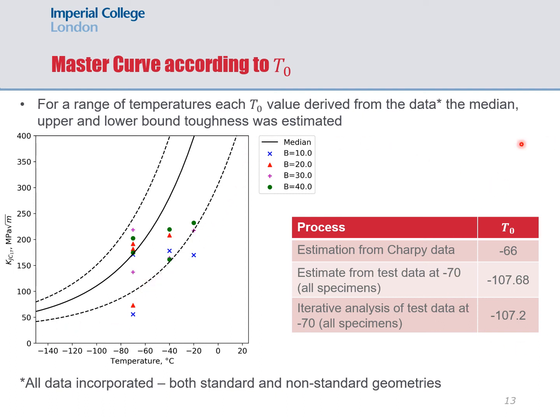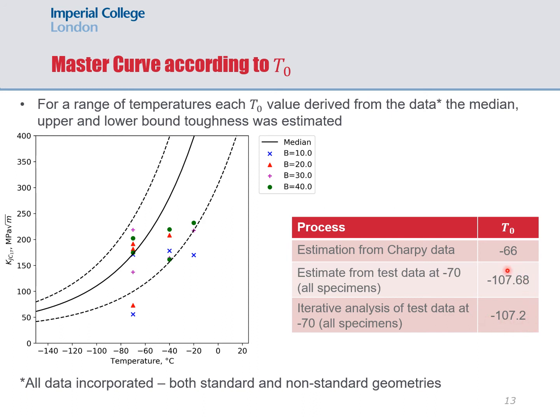So in terms of T0 then, we estimated from Charpy data what our T0 would be, and we came out to have approximately -66 degrees Celsius. Looking at individual test data at -70, we got -178.68, and then by applying the iterative analysis and using validities, we showed that the valid value of T0 is actually -107.2.